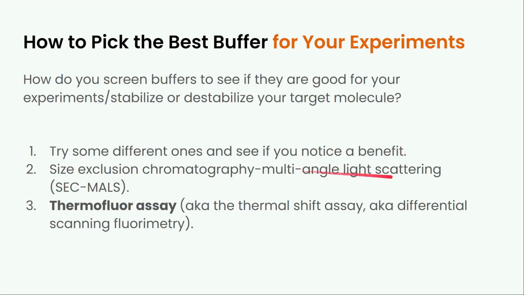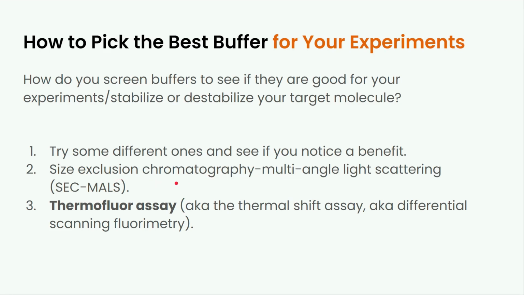This takes the place of your UV detection, and this will measure the refractive index of your molecule and tell you its dispersity, whether it's homogeneous and in one form or whether it's in several different structural forms. But this is quite low throughput and the equipment's quite rare.